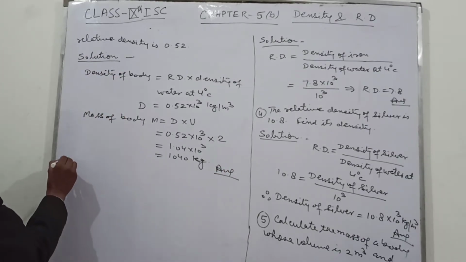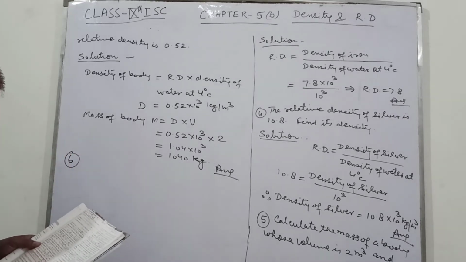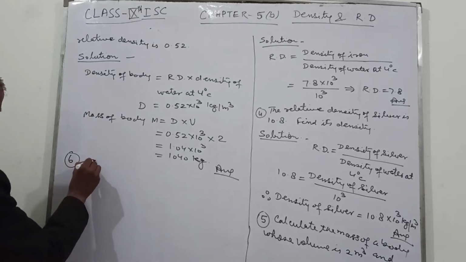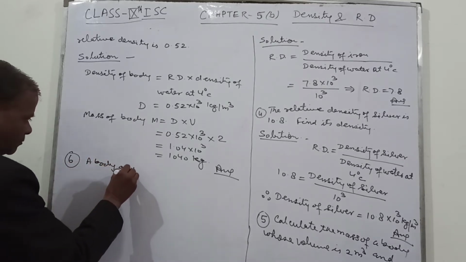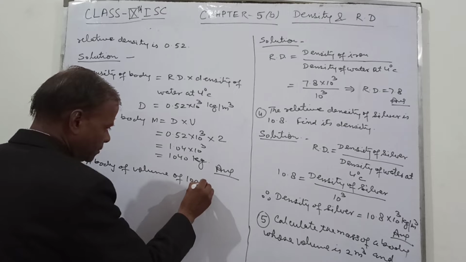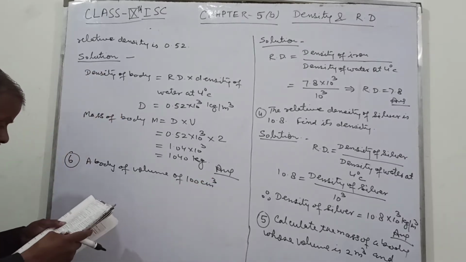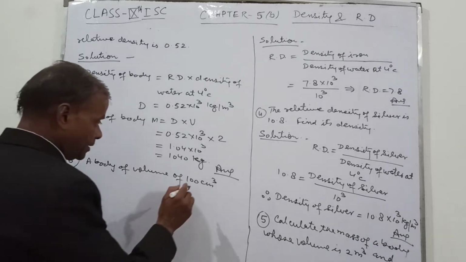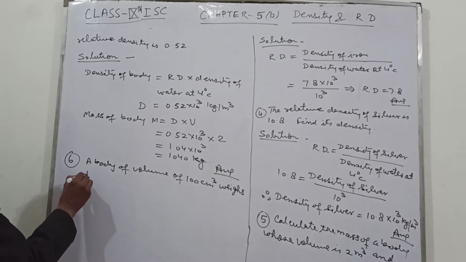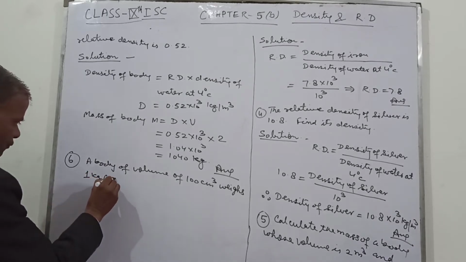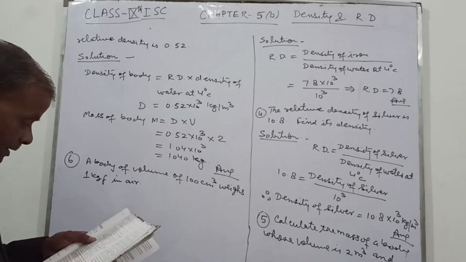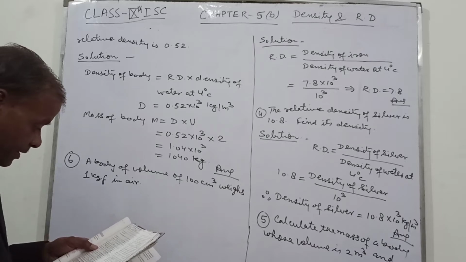Now question number 6: a body of volume 100 centimeter cube weighs 1 kilogram force in air.